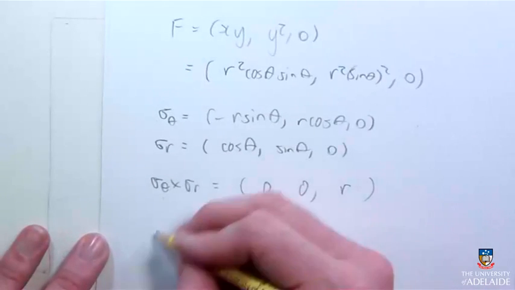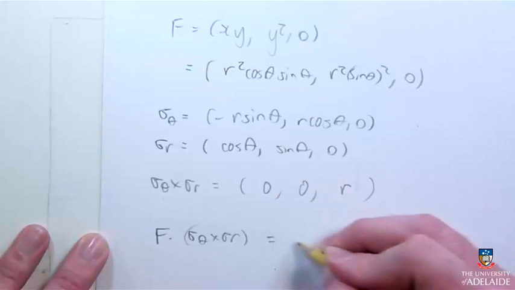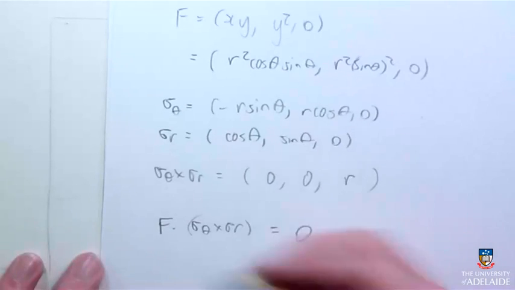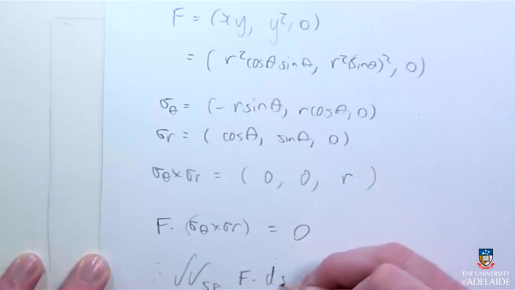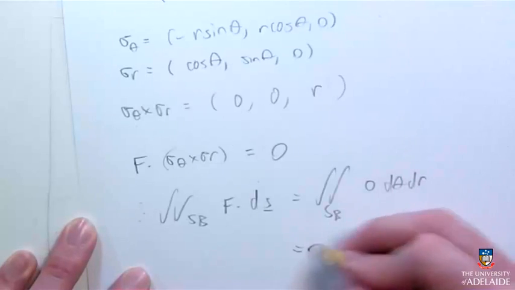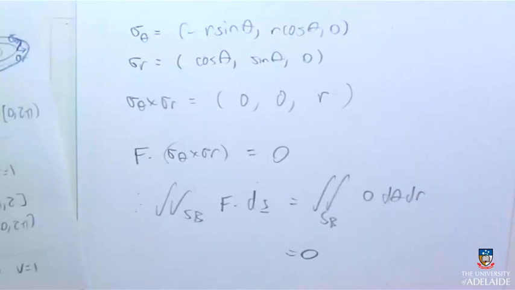Okay, and so the f dot is 0. Good. And so therefore the integral is the integral over S_B of 0 d theta dr, which is 0. Okay, good. So my last bit would have to be 0 as well, because they all have to add up to 0.